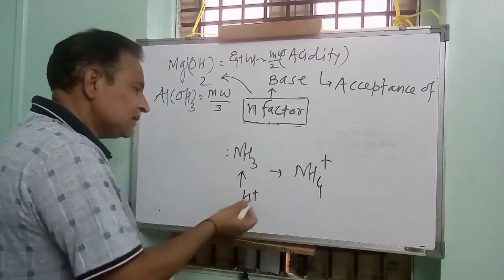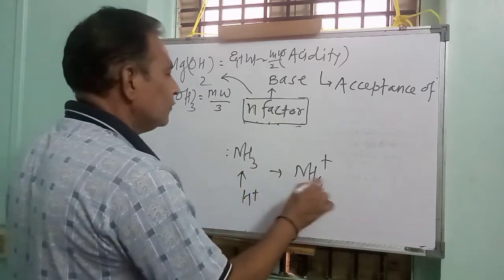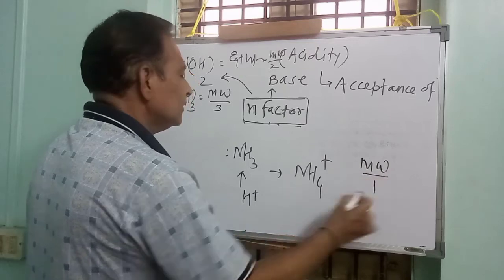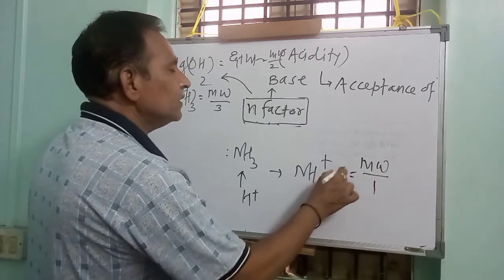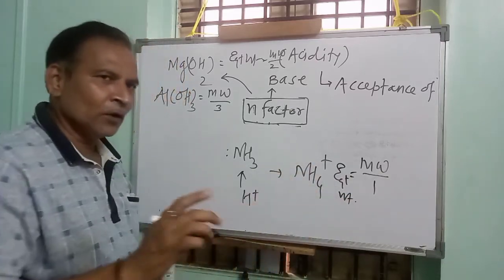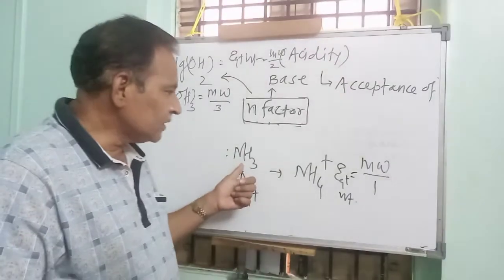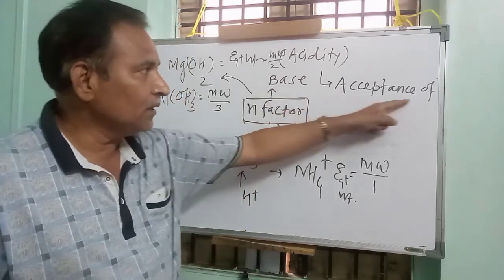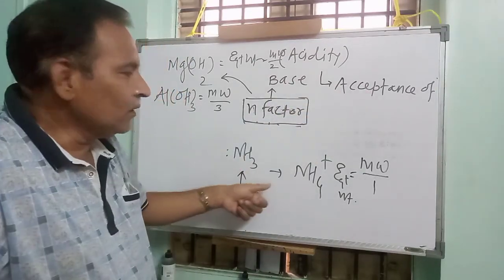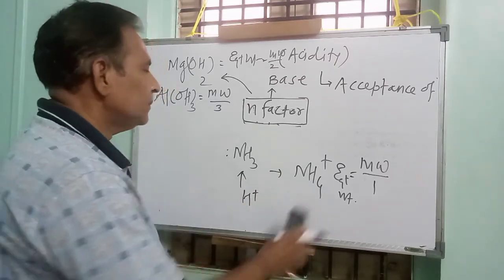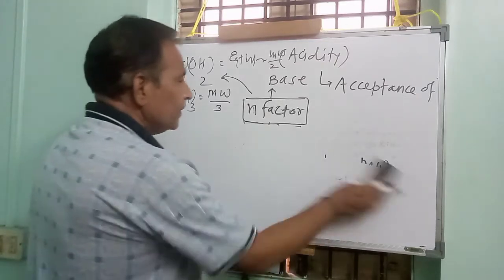So again here the acceptance of proton is 1, and therefore molecular weight divided by 1, that is acidity, is its equivalent weight. So it may be a species having OH or a species having no OH, we can apply the concept of accepting a proton, and from that we can calculate the equivalent weight of that species.